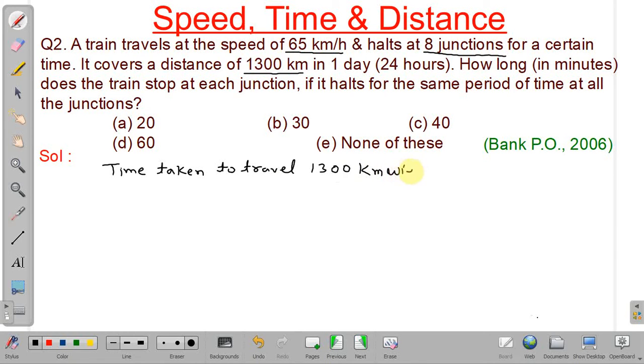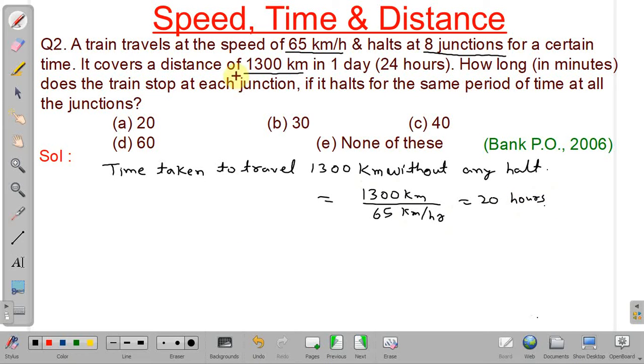Okay. So it is equal to 1300, that is distance, divided by speed of the train, which is 65 km per hour. So we will get 20 hours. Okay.